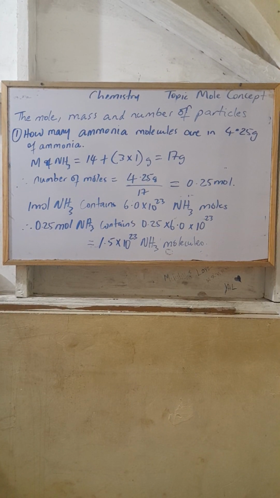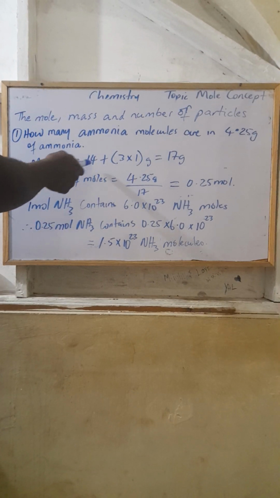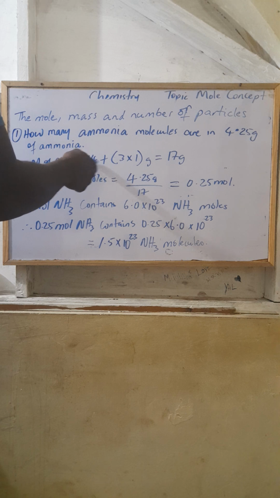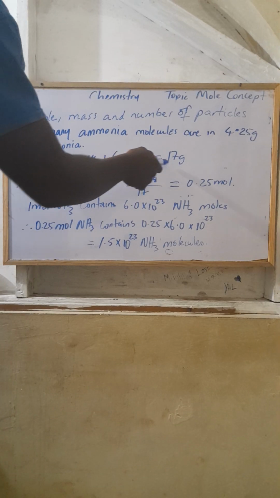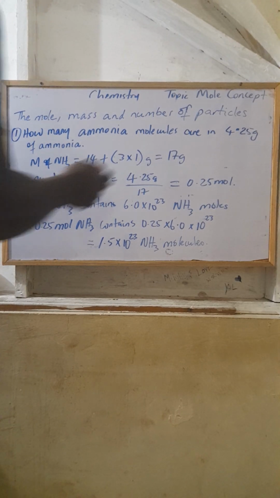Okay, now that we know how to calculate from mole to number of particles and from mole to mass and vice versa, we can also calculate from mass directly to number of particles. On the board we have how many ammonia molecules are in 4.25 grams of ammonia. The molar mass of ammonia is 14 plus 3 times 1, which is equal to 17 grams per mole.